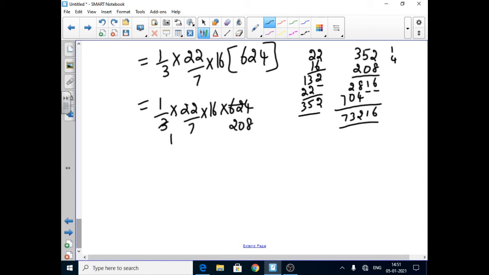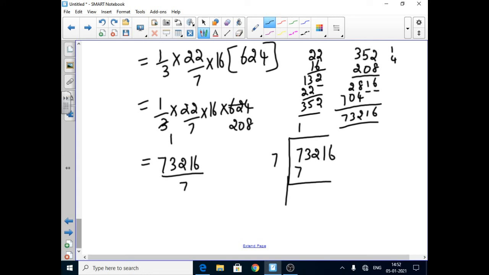So 73,216 divided by 7. Do the division. 1 7 is 7, then 0. Next 3 comes down, so that is the lower number, so we apply 0.